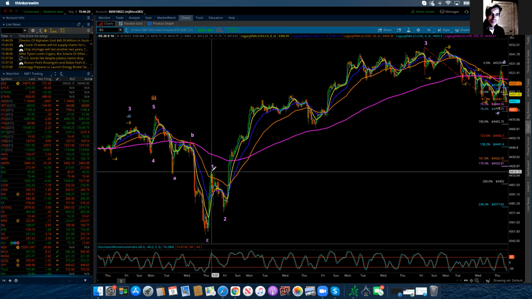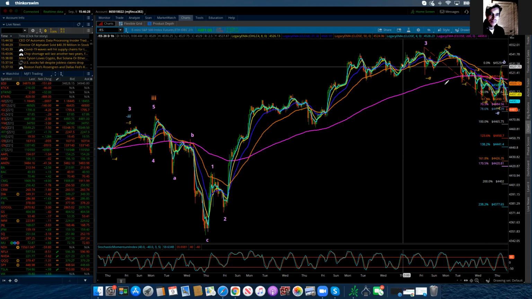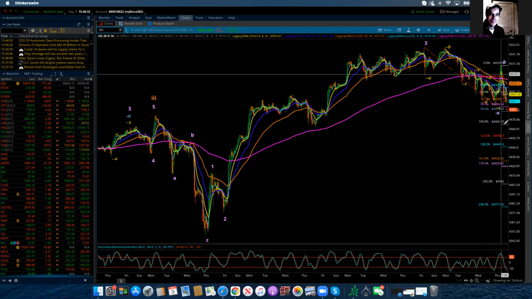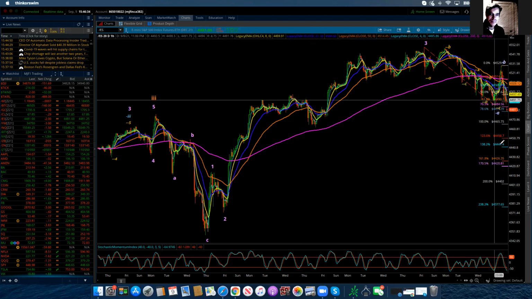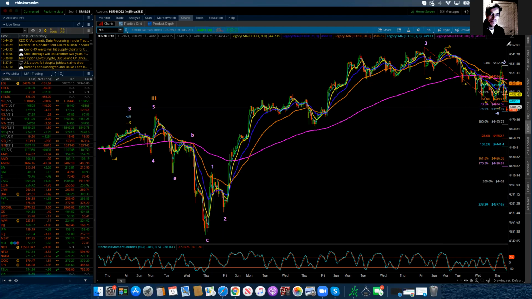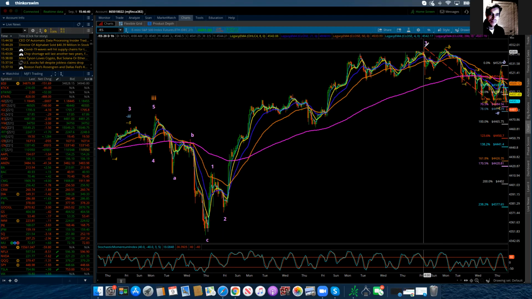That's the rule. If that's the case, then it's no longer a wave 4. So right now, we're still in good shape. And even if it comes down to 41, we're still in good shape to have a decent rally, and again, move to new highs.